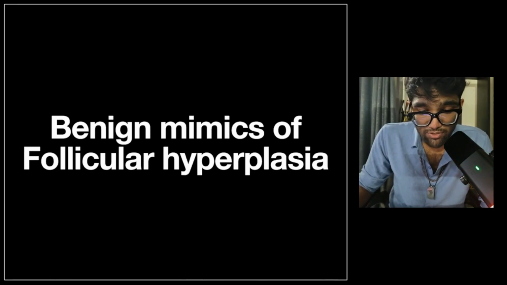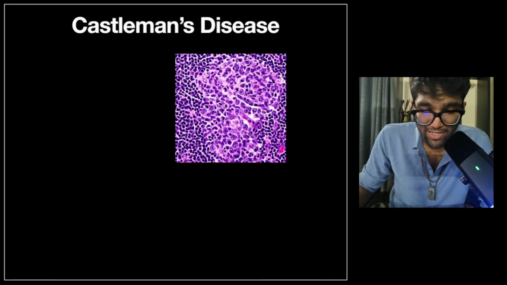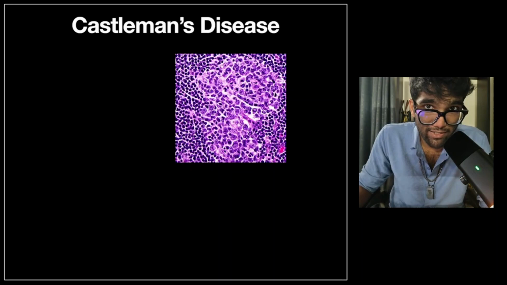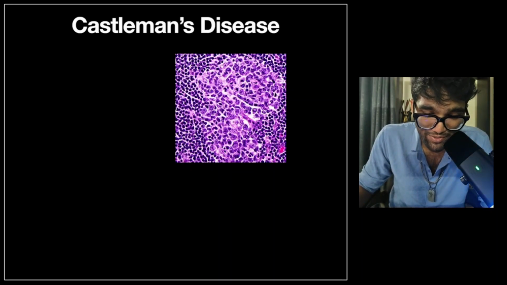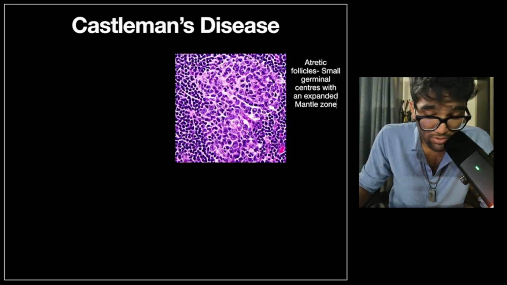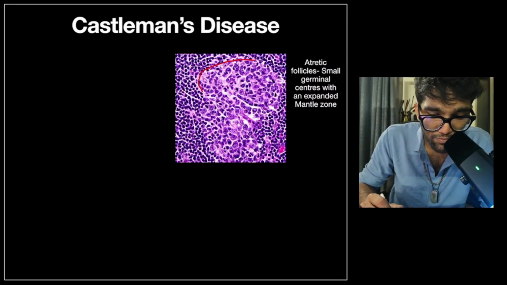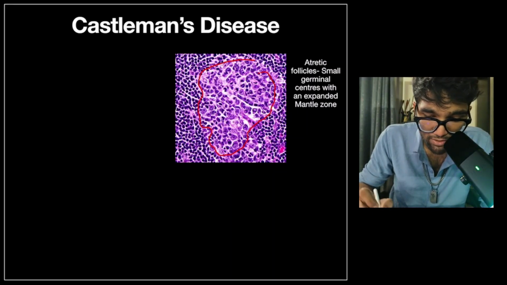So let's just talk about Castleman's disease. Castleman's disease is not a benign entity, as I've just alluded to, but I am going to use it as an intro to a benign entity, which is very close to my general evaluation of patients. That is IgG4 disease. The photomicrograph that I've just shown is of a very small germinal center surrounded by a relatively thick mantle zone.